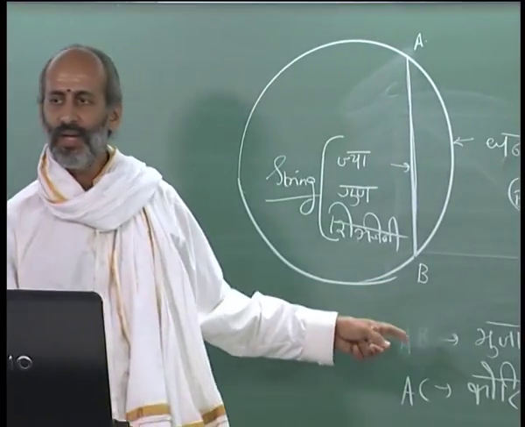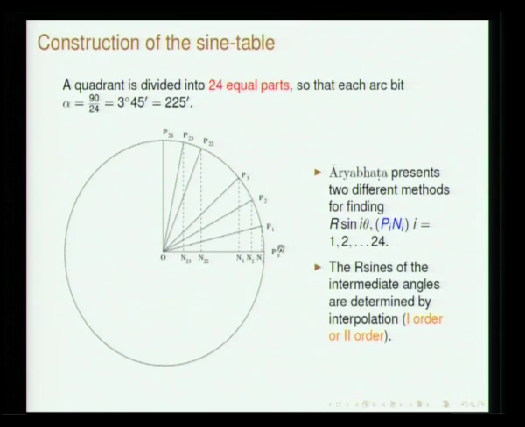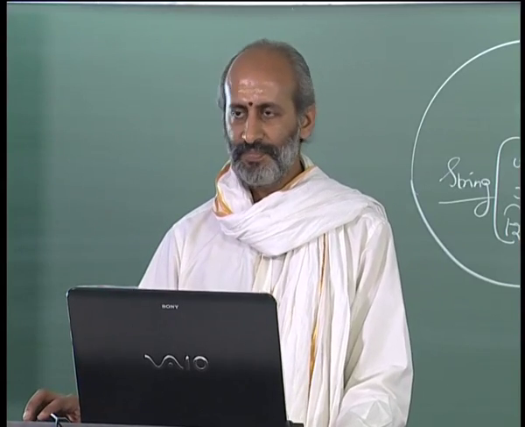So, this is jya and ardha jya is half of it, which is what is sine. But for convenience, people have started using jya itself to refer to ardha jya. This is understood from the context.